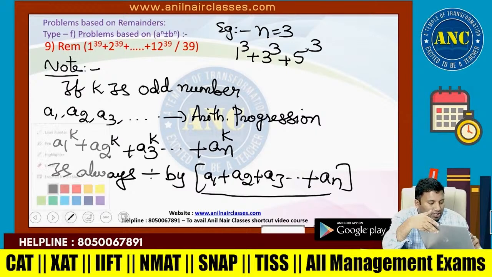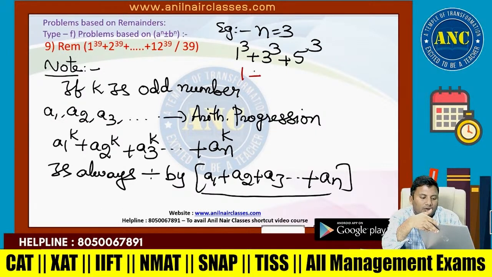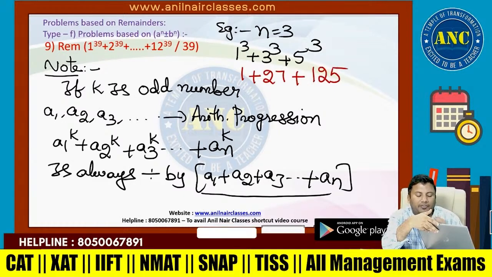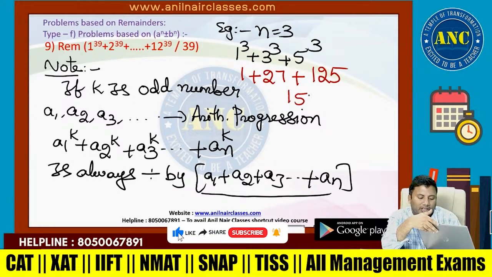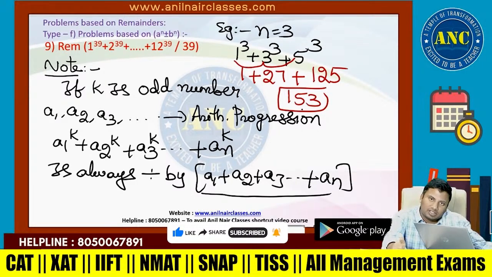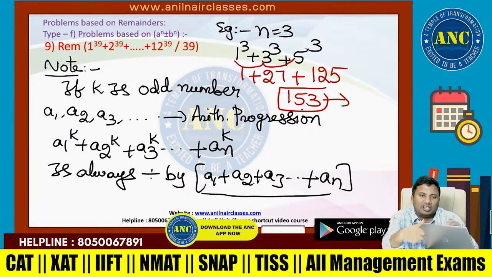Check what is the value. This is 1. This is 27. This is 125. This is 153. Is 153 divisible by the sum of the bases? 1 plus 3 plus 5, 9. Yes, because the sum of the digits is 9.